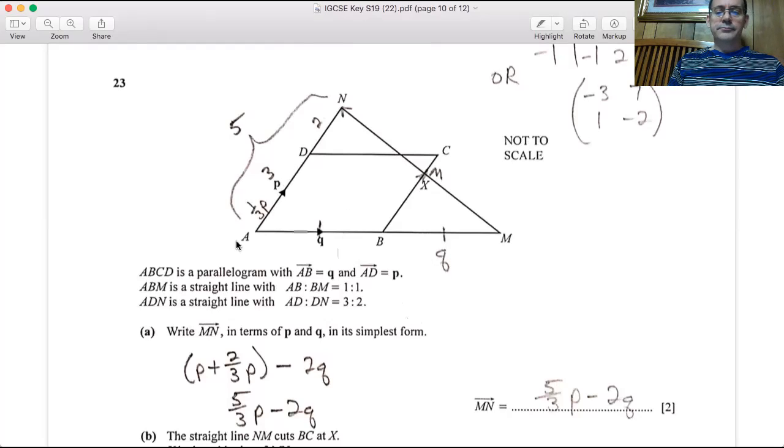Then ABM is a straight line and AB is a ratio of 1 to 1 with BM. So since it's a 1-to-1 ratio, it means they're equal value.